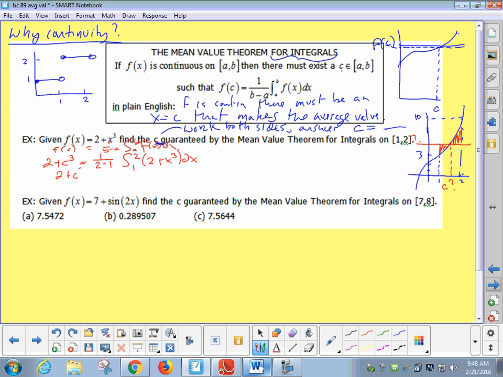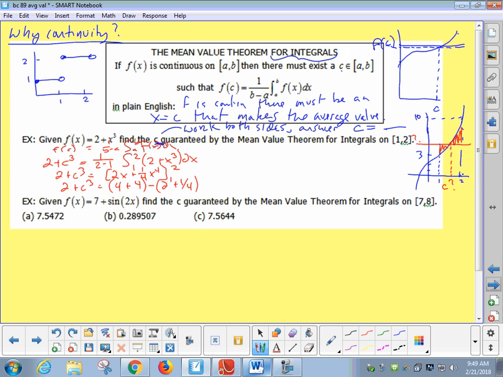2 plus c cubed equals 2x plus 1/4 x to the 4th from 1 to 2, unless I made a mistake on my antiderivative. 2 plus c cubed equals, what? 4 plus, what's 1/4 of 2 to the 4th? 4, minus 2 plus a 4.